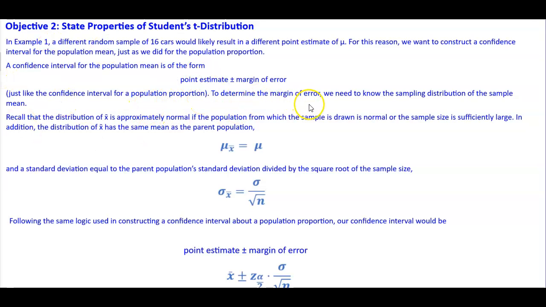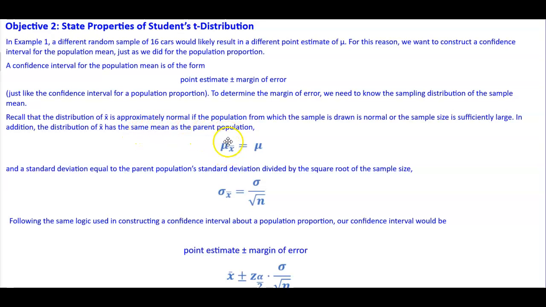To determine the margin of error, we need to know the sampling distribution of the sample mean. Now recall that the distribution of x bar, the sample mean, is approximately normal if the population from which the sample is drawn is normal or the sample size is sufficiently large. In addition, the distribution of the sample mean has the same mean as the parent population.